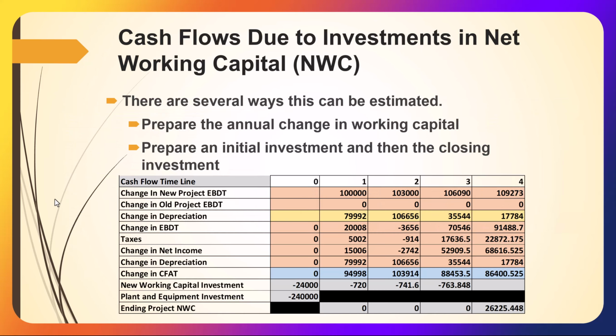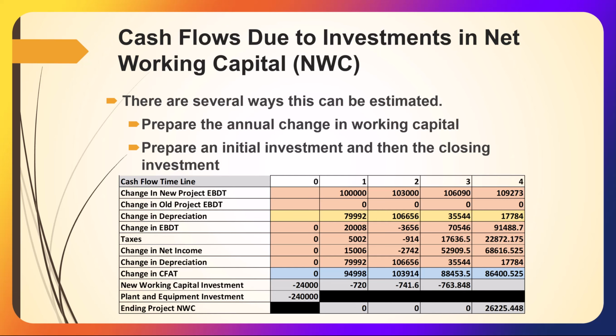Next, we have to incorporate net working capital or net operating working capital. So net working investments are often overlooked. Can we assume a percentage of future sales must be invested up front, and ultimately that'll be recovered in the end.